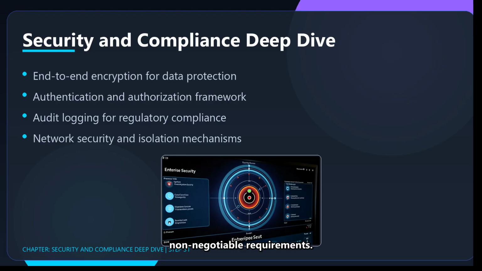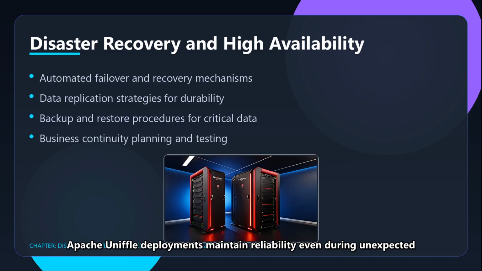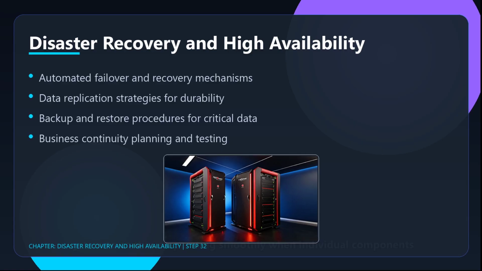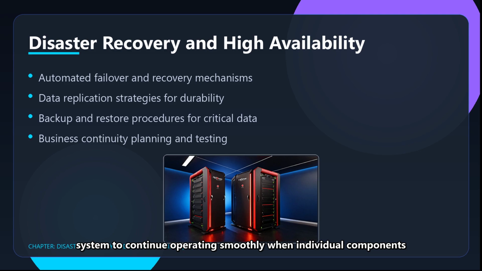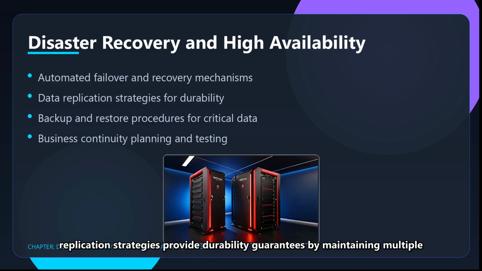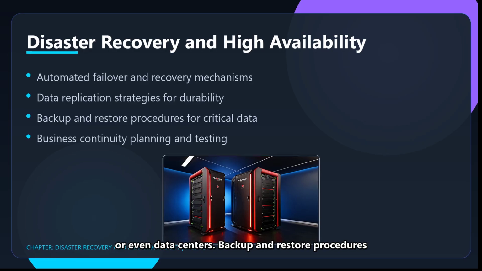non-negotiable requirements. Disaster recovery and high availability planning ensure that Apache Uniffle deployments maintain reliability even during unexpected events. Automated failover and recovery mechanisms enable the system to continue operating smoothly when individual components fail, with minimal impact on running workloads. Data replication strategies provide durability guarantees by maintaining multiple copies of critical shuffle data across different servers or even data centers.